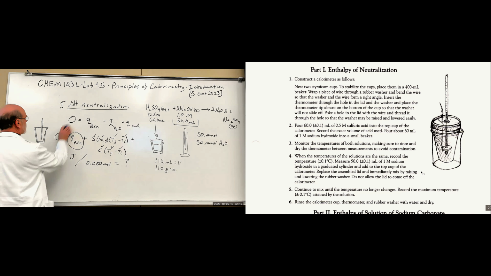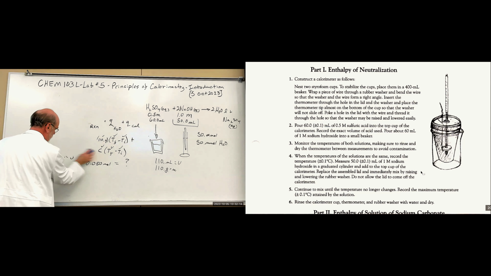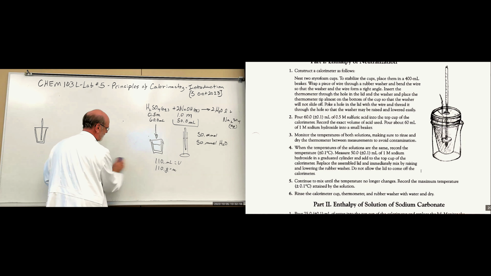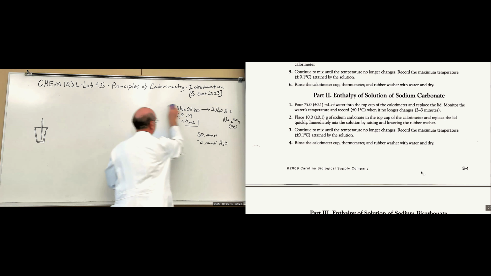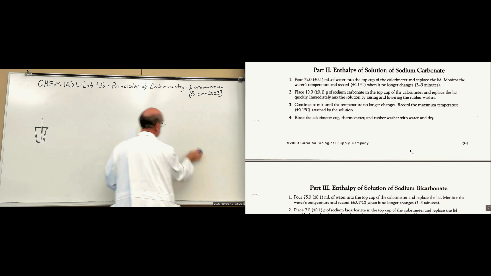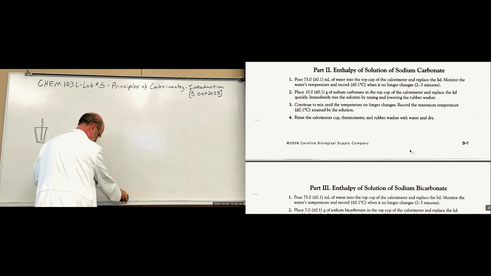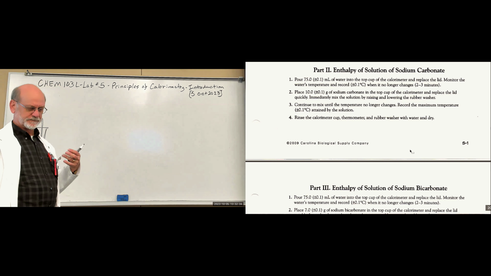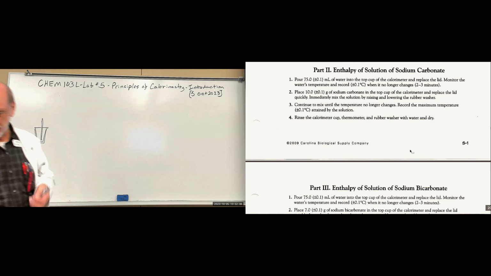Okay, so let's look at them 2 and 3 together. When you write your report, actually when you put the information into your lab notebook, in your comparisons of your results, compare them to these values.